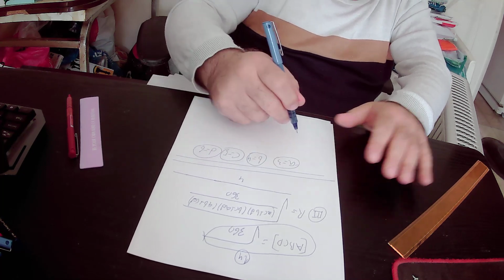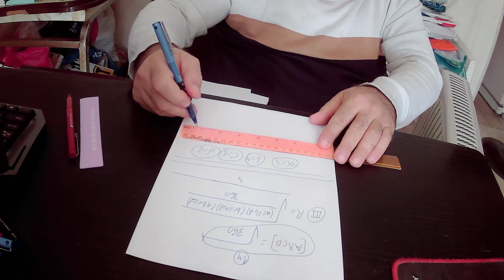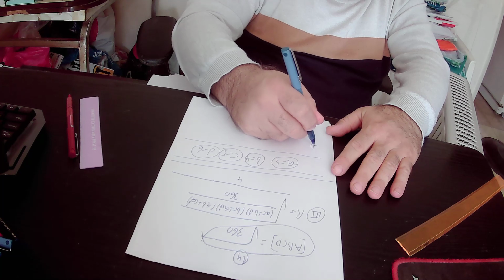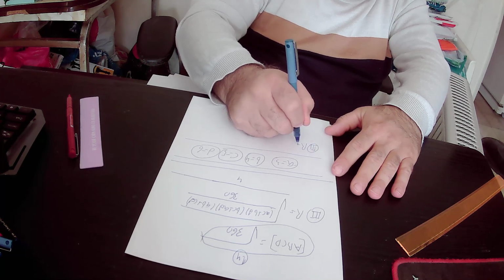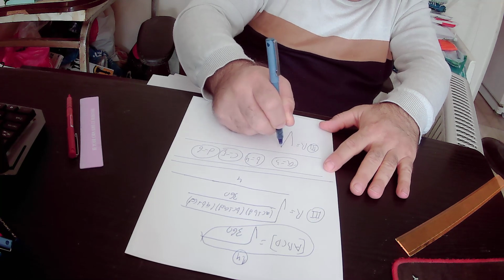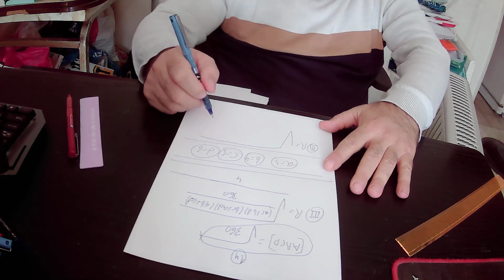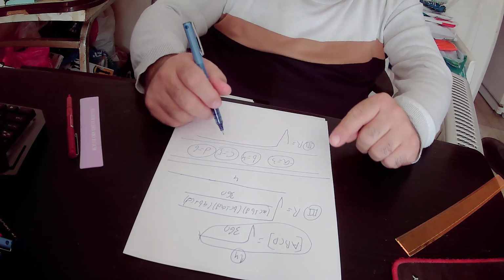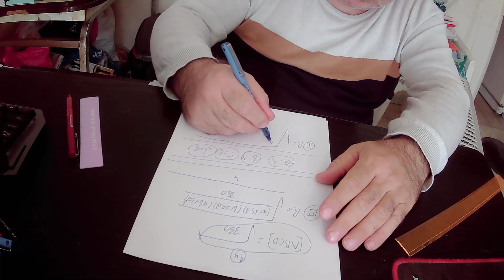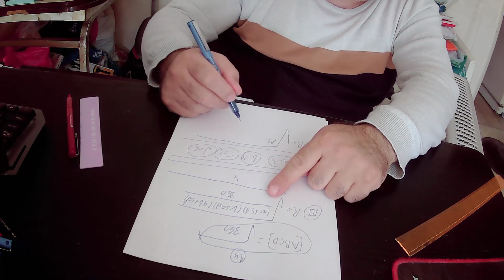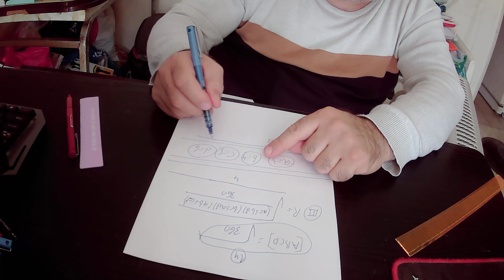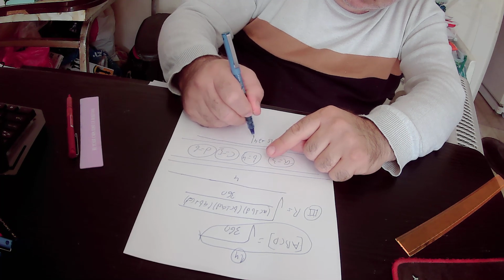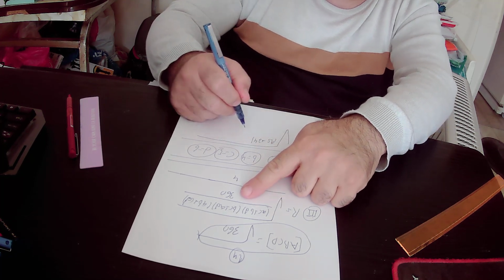So according to equation number 3, the radius of the circle that we are looking for will be equal to the root of AC. A equals 3, C equals 5, so 3 times 5 is 15, plus BD. B equals 4, D equals 6. 4 times 6 is 24, times BC.